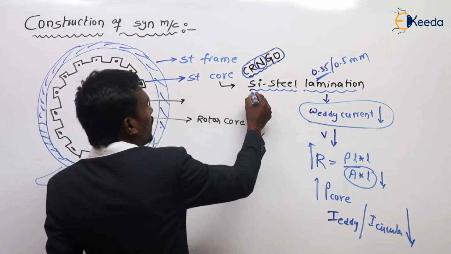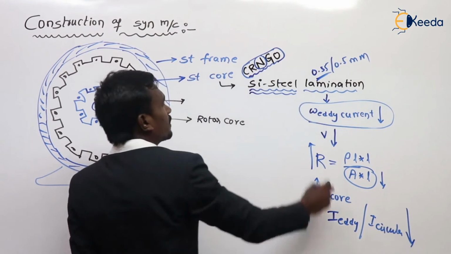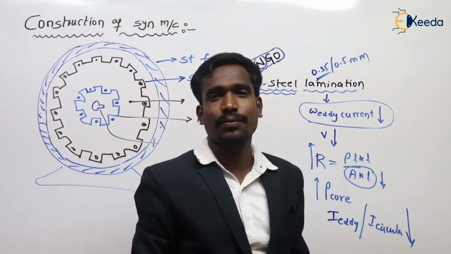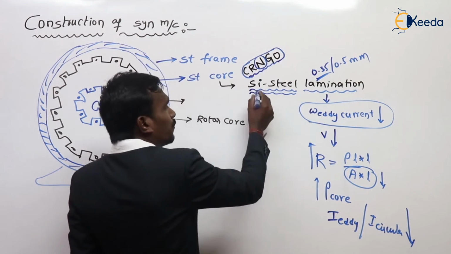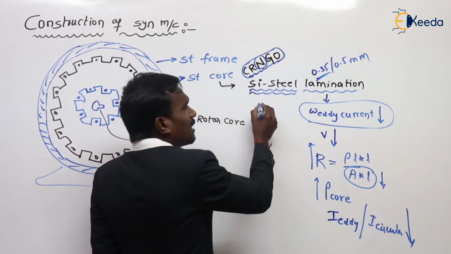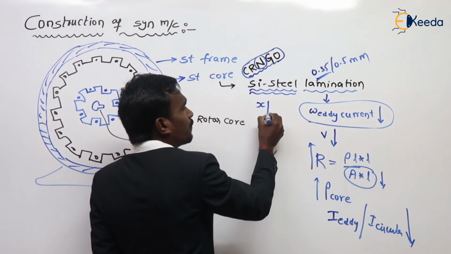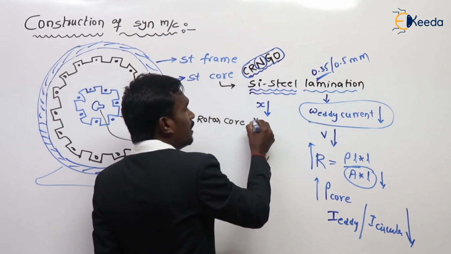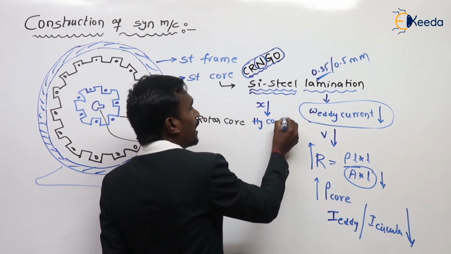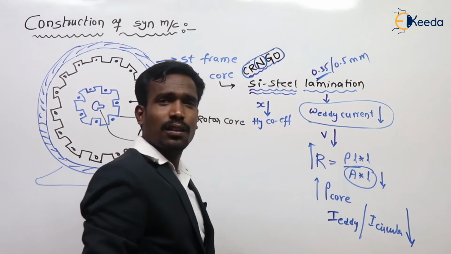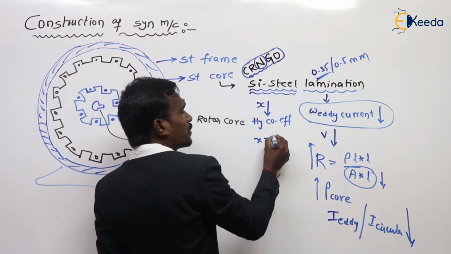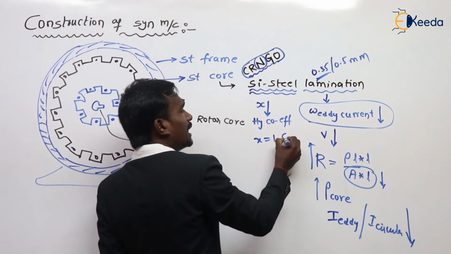Next one. Why are we using silicon steel only? Why not the other? Generally, for silicon steel, the hysteresis coefficient x is very less.